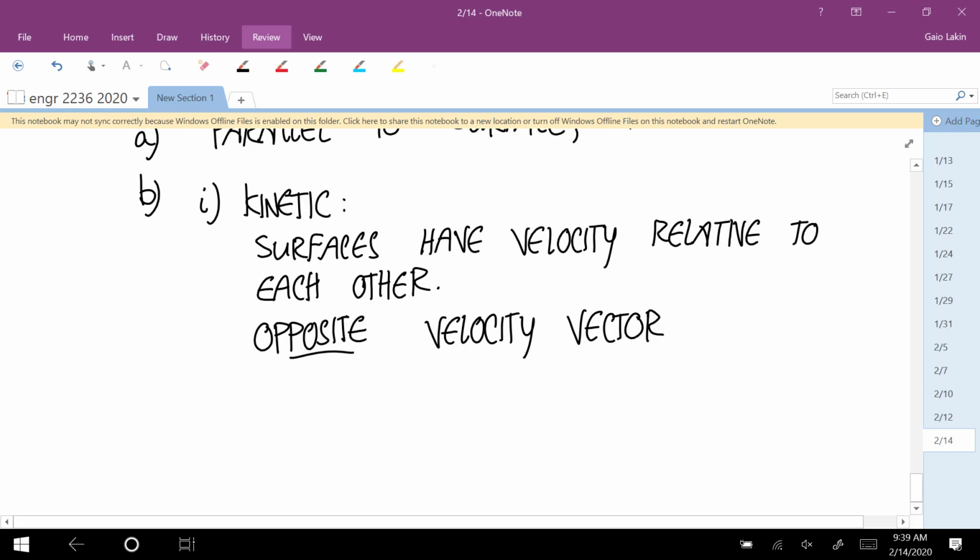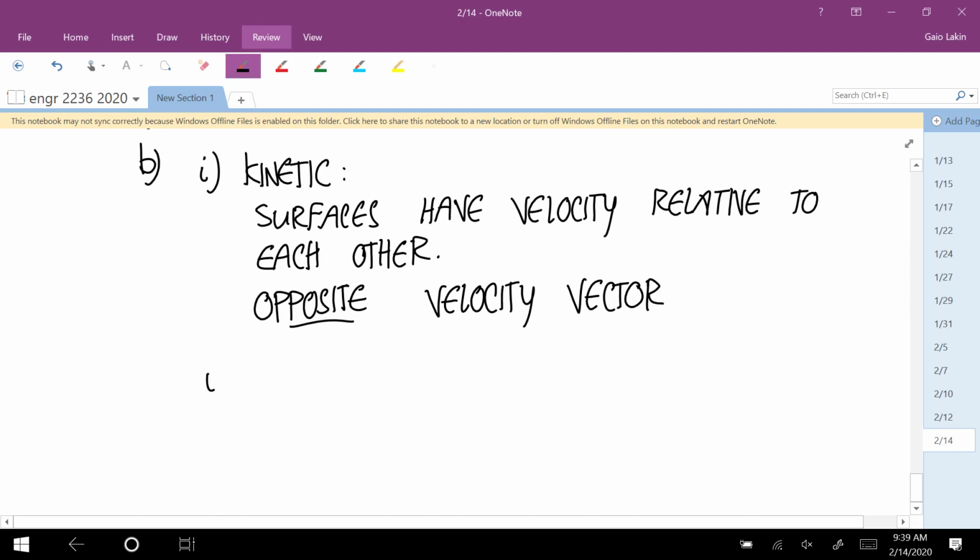And the second possibility is that you have static friction. Static friction is friction where the surfaces are at rest relative to each other.